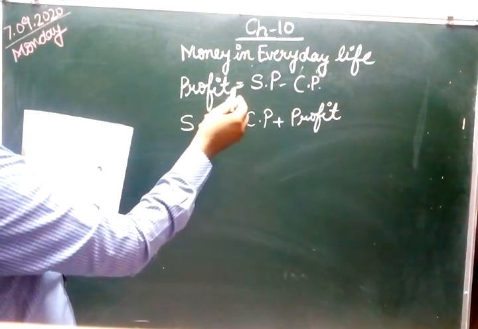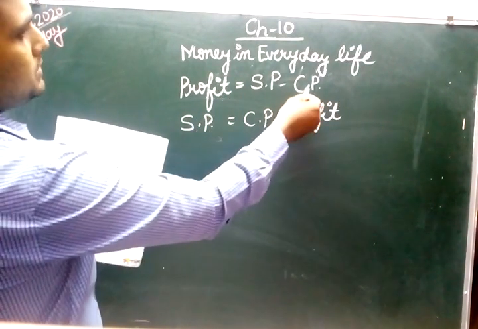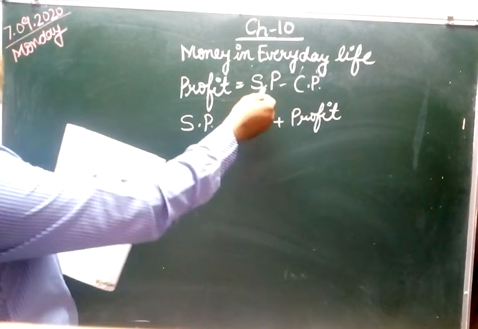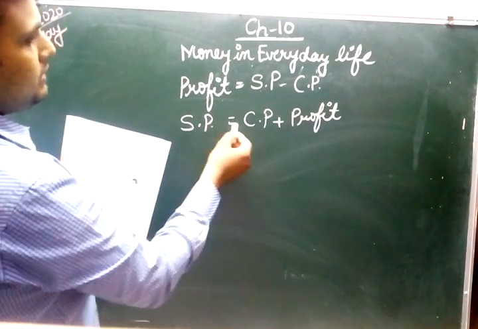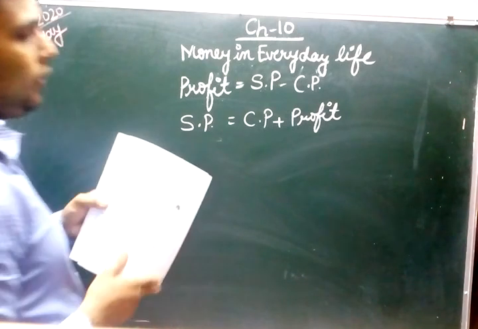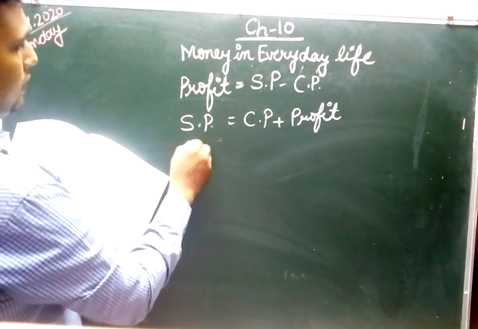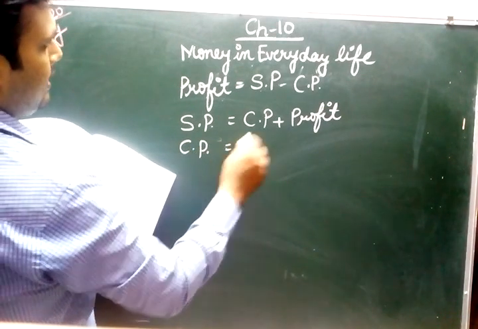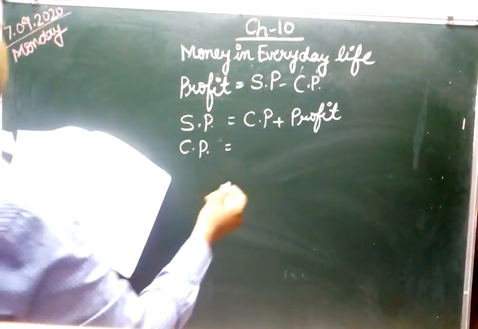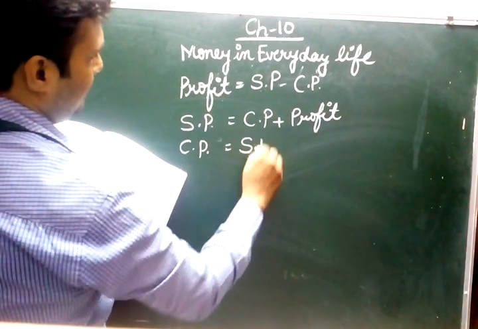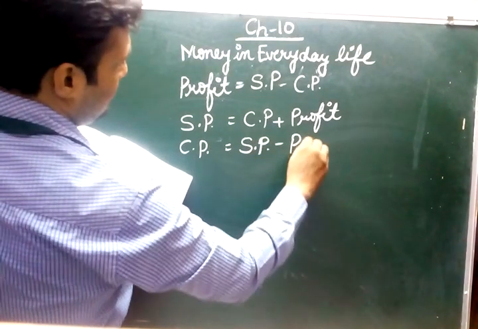So when profit is given and cost price is given, we can find out the selling price. Selling price equals cost price plus profit. When we have to find out the cost price, and selling price and profit are given, the formula is selling price minus profit.